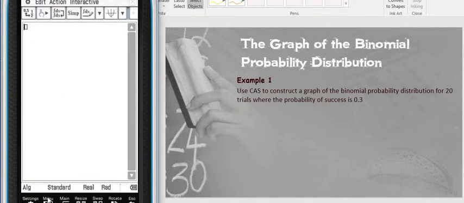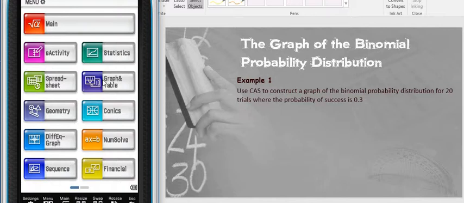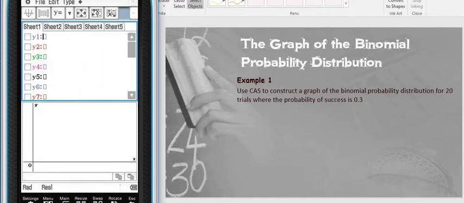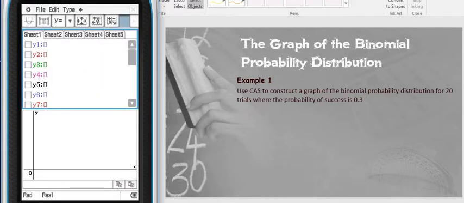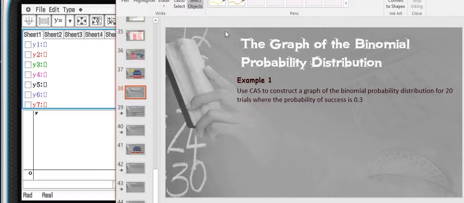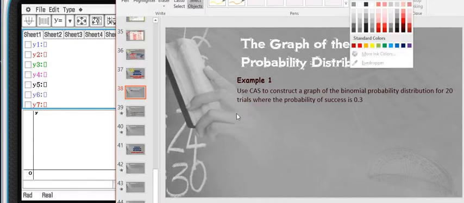So first of all, if we go back to the menu, we need to be looking in the graphs and tabs menu. Okay, within here, in our Y1 position, we are going to write down a particular function.